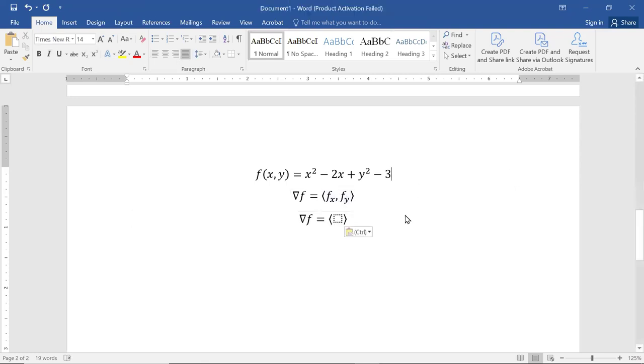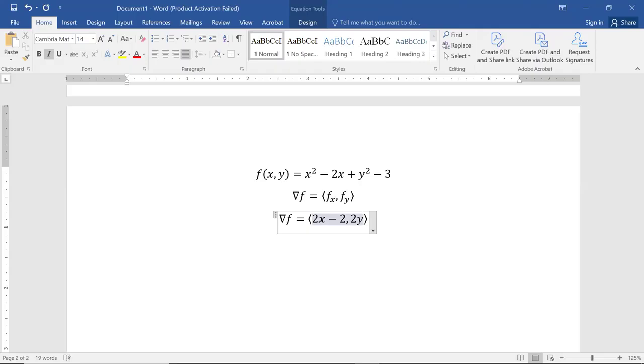And then my f sub x, we've already calculated that. That's 2x minus 2. My f sub y, we've already calculated that. That's 2y. So my gradient is the vector whose first component is 2x minus 2 and whose second component is 2y.